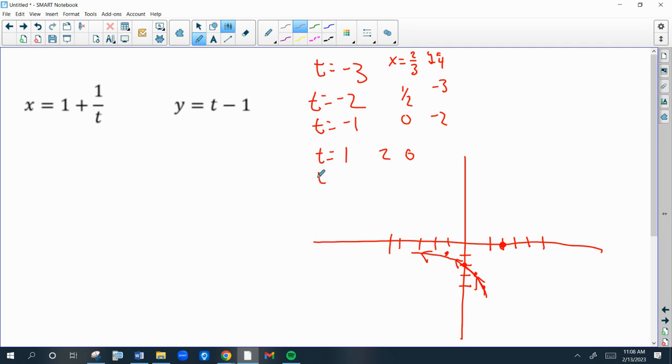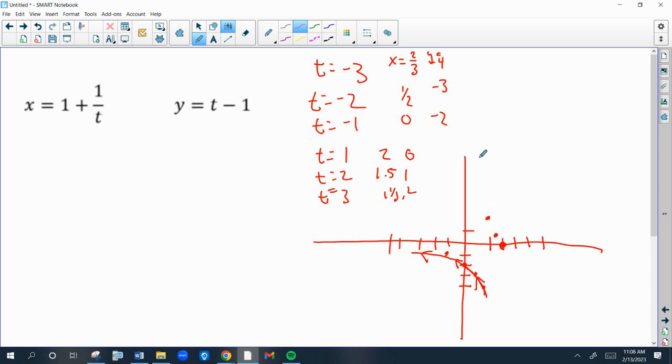Let's go t equals 2: 1.5, comma 1. So I'm here. Let's try 3: 1 and 1/3, comma 2.